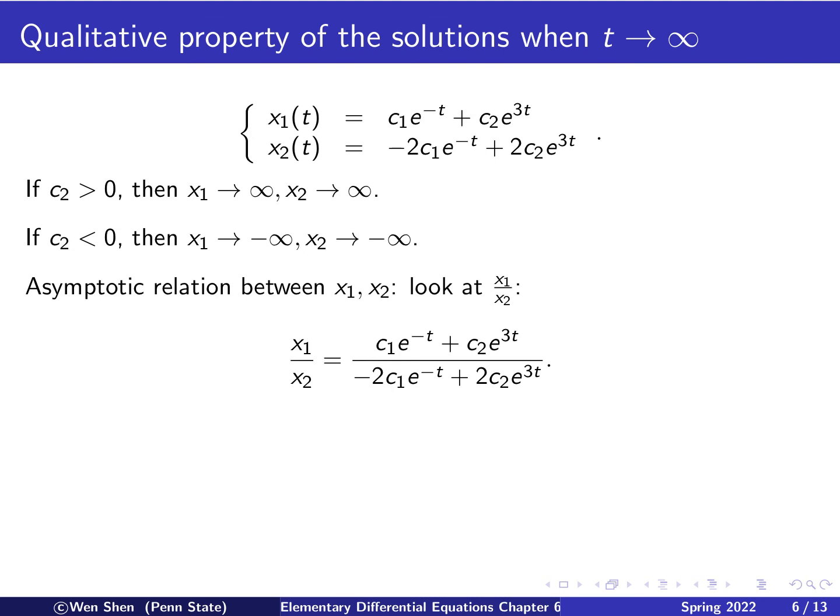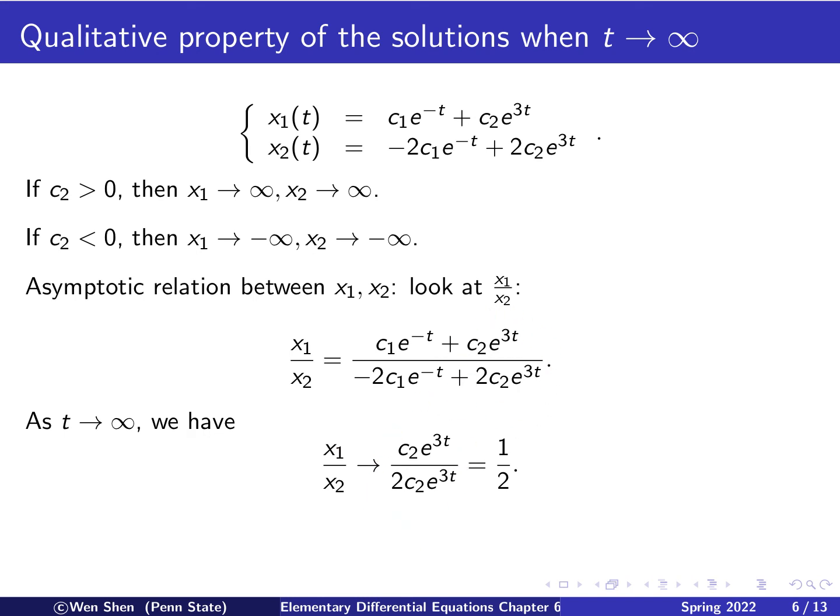It would also be interesting to see the asymptotic relation between the two solutions, x1 and x2. So let's look at the ratio x1 over x2. We put x1 here and x2 here. As t goes to infinity, these two terms go to 0, very small, and the ratio will be dominated by just this term.